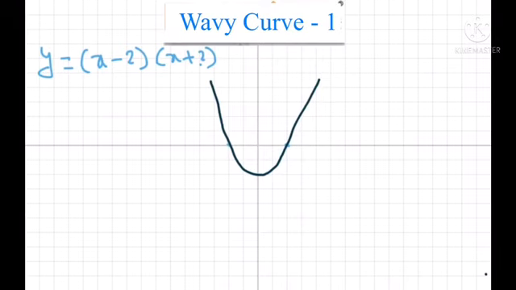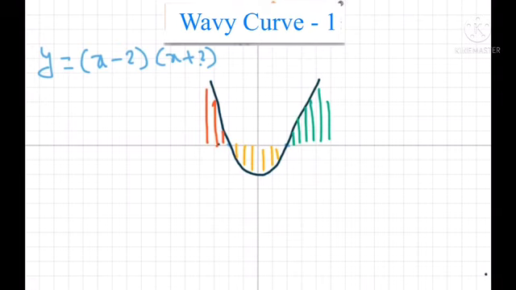If you take this value of x, then y is positive. If you take this value of x, y is positive. If you take any value of x between -2 and 2, then all the values of y are negative. And if you take any value of x after 2, it is always positive.